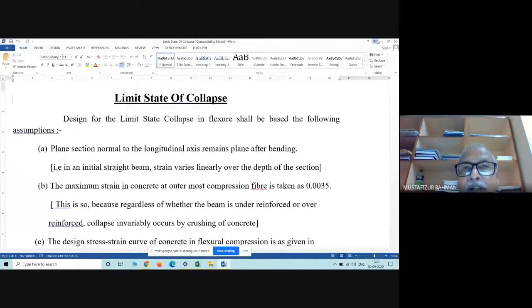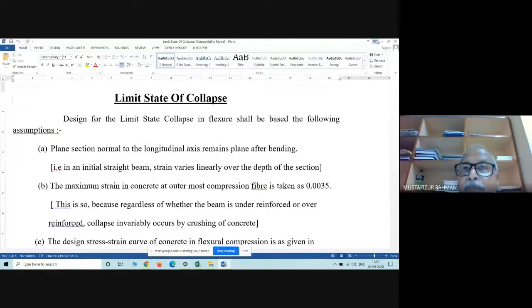If it is M20, that means at the end of 28 days of curing, if the concrete block is broken, then the stress induced or force exerted per square millimeter should not be less than 20 Newton per square millimeter. Now at that time, what is the strain?